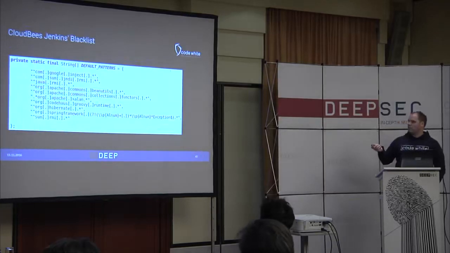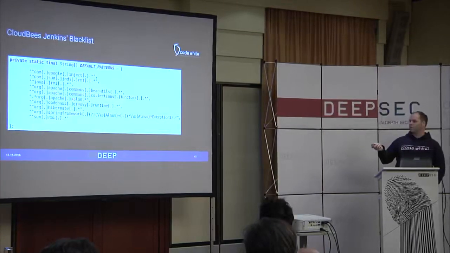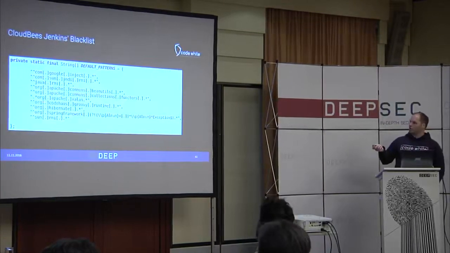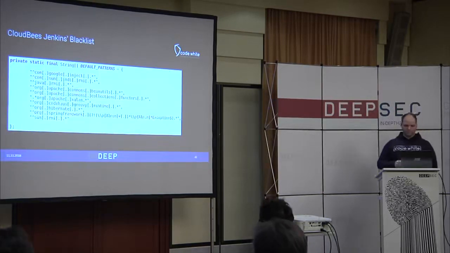Bean utils will be blocked. Commons collection will be blocked. The general gadget org.apache.xalan, so the TemplatesImpl, will be blocked, which is pretty hard. Then we have the Groovy gadget, Hibernate gadgets, Spring framework, several gadgets, and again some RMI. So I thought, okay, how can I bypass this blacklist?